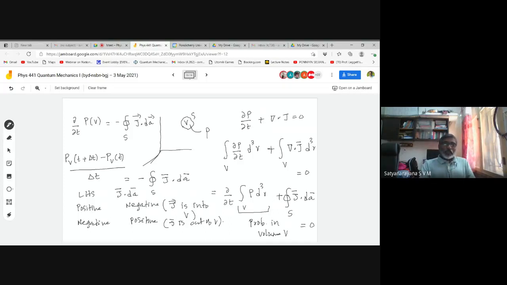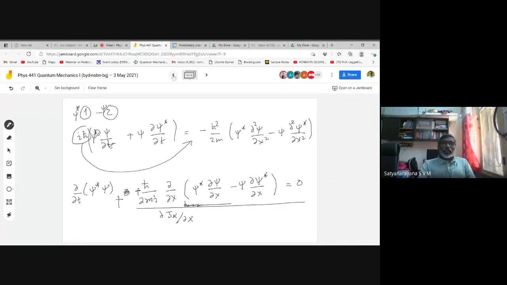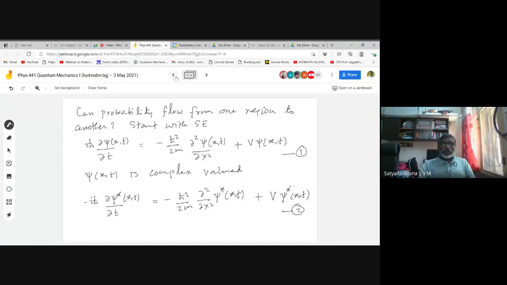At any point, if you find that the probability as a function of time is changing, that means it is going from that region to another region, exactly like how a fluid flows. So probability flow is almost like a fluid flow. This is how we can understand how a probability flows from one region to another.